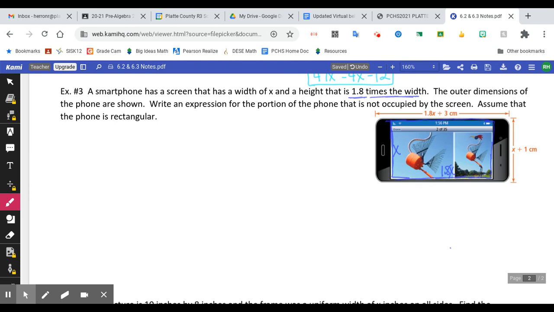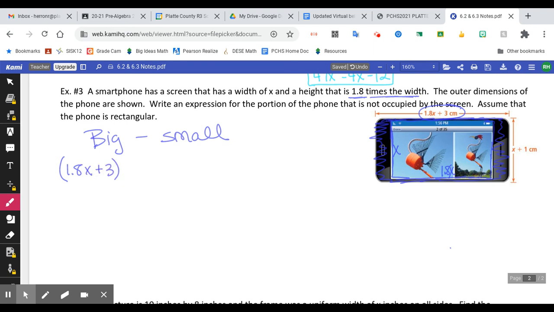We want the part that's not the screen, so all of this little section out here. So how much of the area of our phone is not the screen? Again, big minus small. The length of our big area is this part up here, 1.8x plus 3.